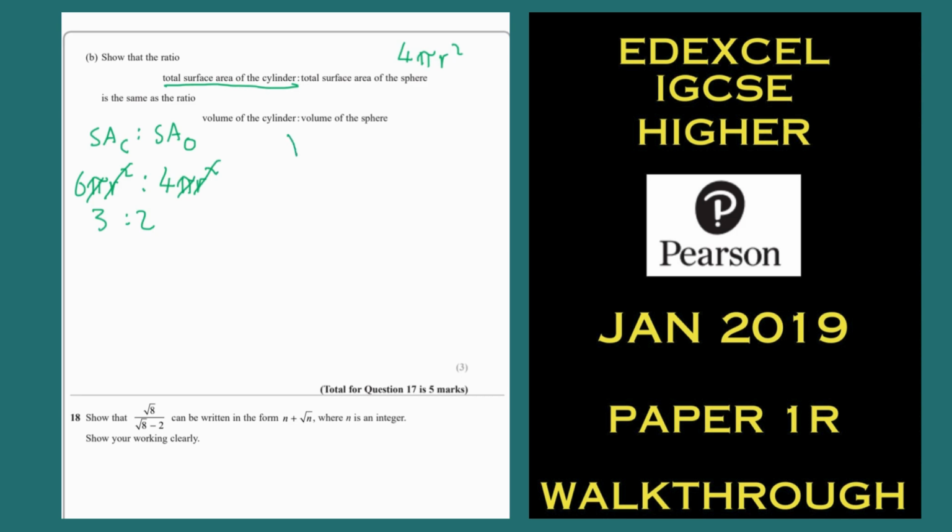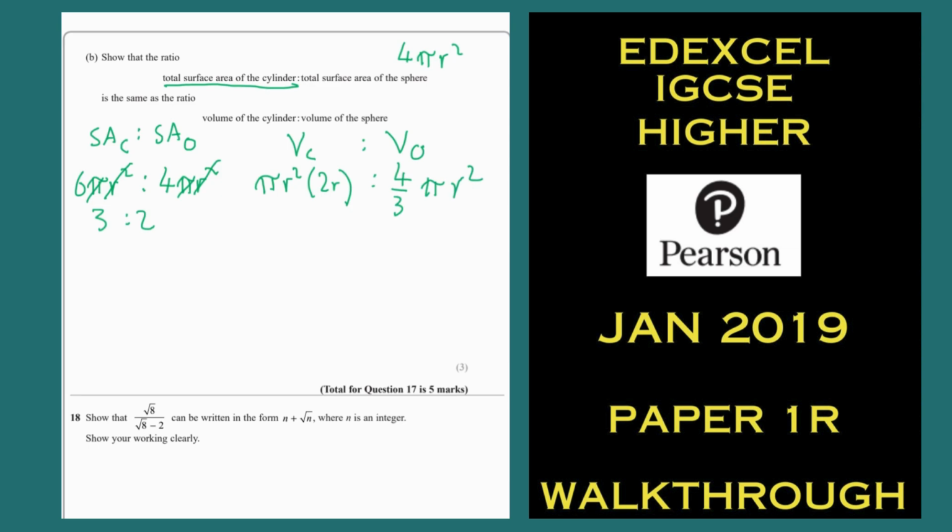Now let's do volume of the cylinder and volume of the sphere. So volume of a cylinder is pi times the radius squared multiplied by its height, which, as you may recall, is 2r. Volume of a sphere, again, check your formula page, it's 4/3 pi r squared.